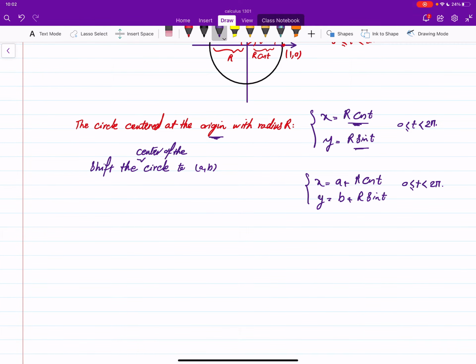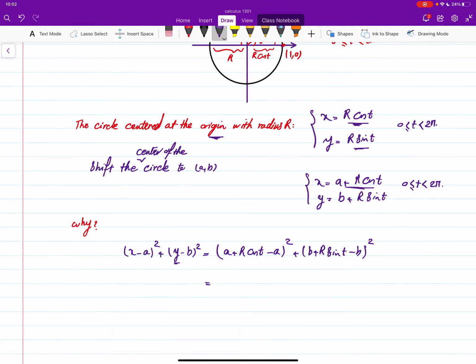And if you want to see why, at least you have to do this work once. You want to show that (x minus a) squared plus (y minus b) squared is equal to r squared. So let's see. Here I have (a plus r cosine t minus a) squared plus (b plus r sine t minus b) squared.